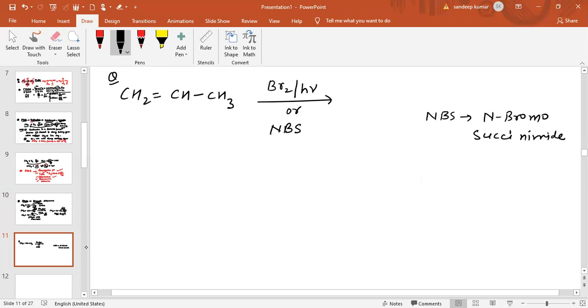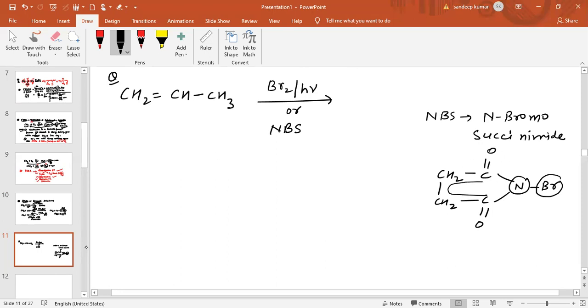So what is the structure of N-bromo succinimide? See, CH2, C=O, C=O, N. So on nitrogen, bromine is there. So this is N-bromo, and this is basically the derivative of succinic acid.